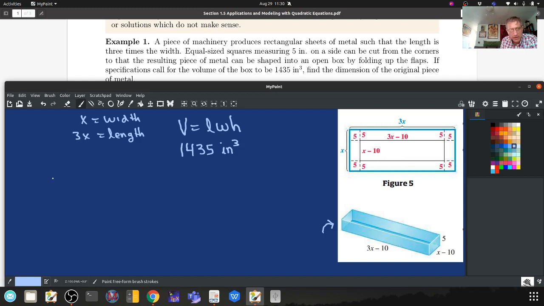We have volume is equal to length times width times height, which is equal to 3x minus 10 times x minus 10 times our height. When we fold these flaps up, the height will be 5 inches. And we want it to be 1,435 cubic inches.